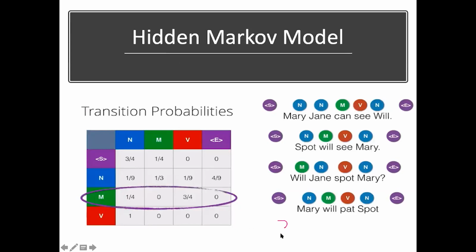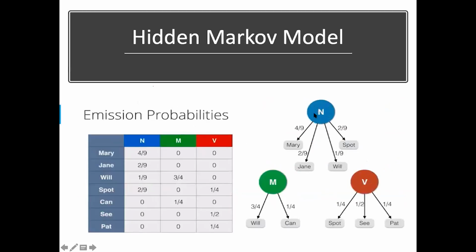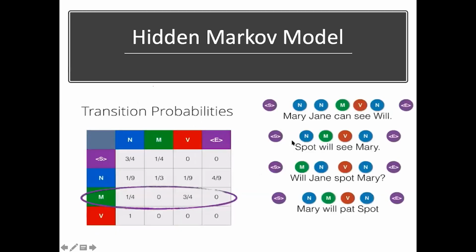My first transition probability is 3 by 4, multiplied by the probability of Mary being a noun, which I go back and see is 4 by 9. So my first probability here becomes 3 by 4 into 4 by 9.